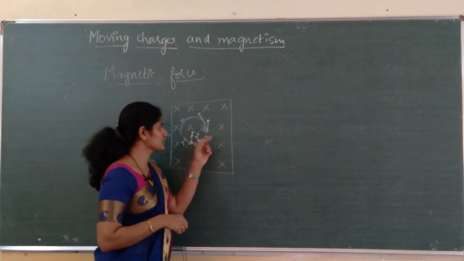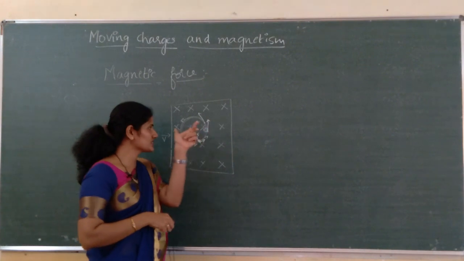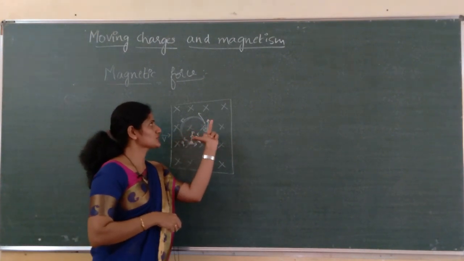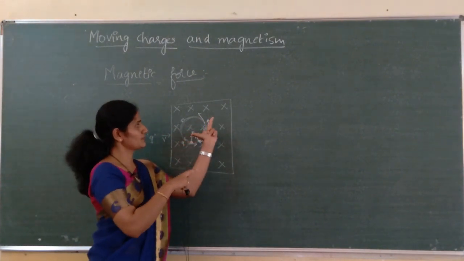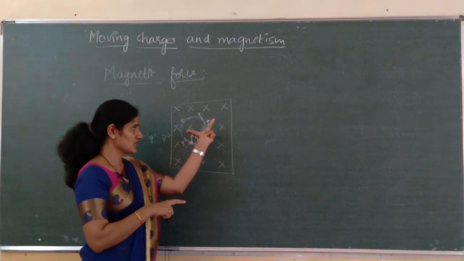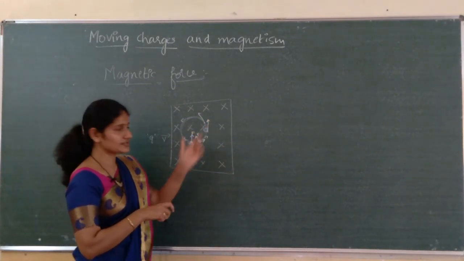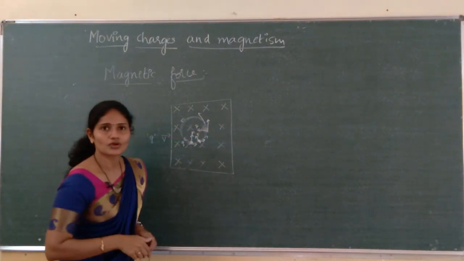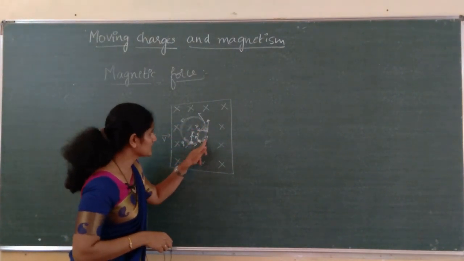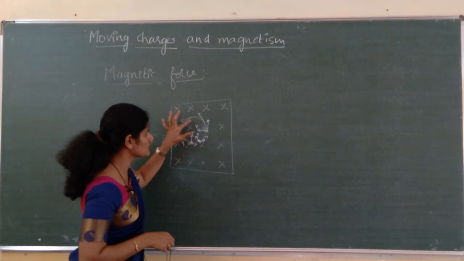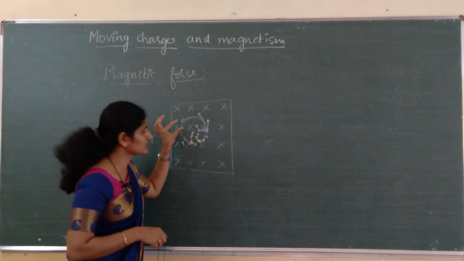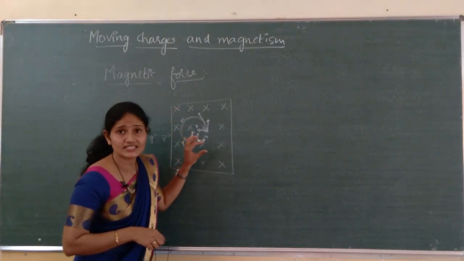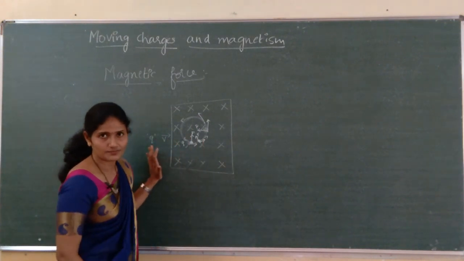When the charge comes here, this is the magnetic field, and the middle finger gives the direction of velocity. So the force is directed towards the center. So always the magnetic force is directed towards the center. So here the magnetic force acts as the centripetal force.